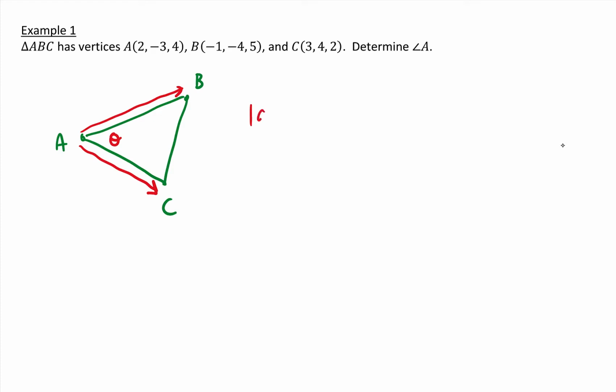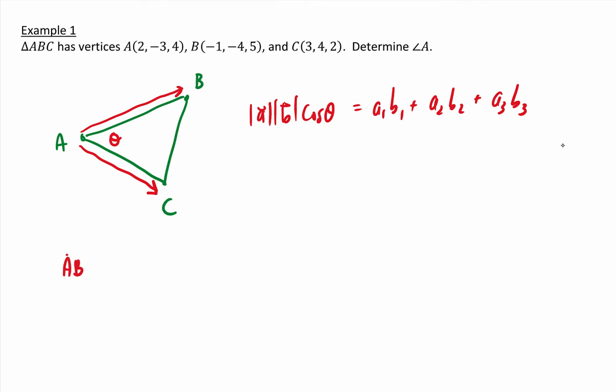We have the magnitude of A, magnitude of B, cosine theta, and remember our dot product is defined as A1 B1 plus A2 B2 plus A3 B3. So all we need is vectors AB and AC, and we can sub them into this formula, and we can determine the angle between these 2 vectors, which is the angle in the triangle.